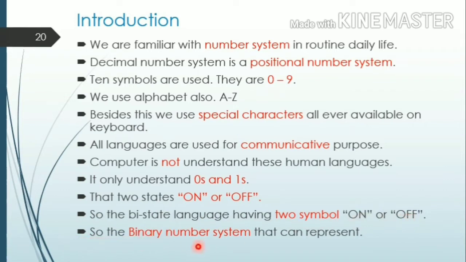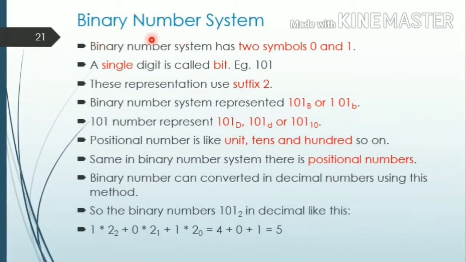So the binary number system can represent two numbers. Now, the binary number system has two symbols, that is 0 and 1. You already know a single digit is called a bit, for example 0 or 1.